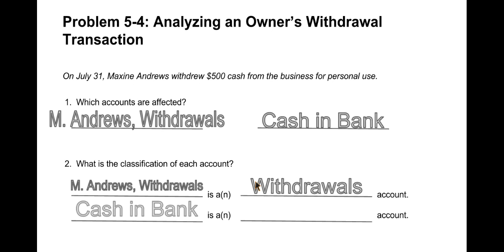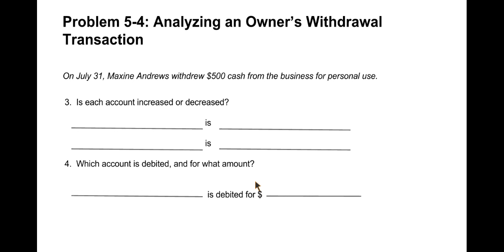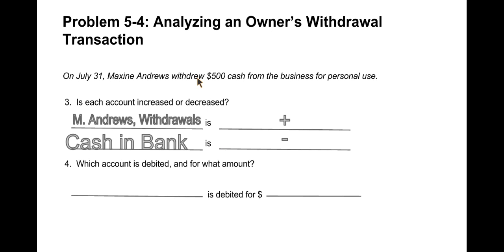Cash and bank is, again, an asset. So, increased or decreased? Again, this is just like expenses. The amount that the owner has withdrawn has increased. Maxine Andrews has now made $500 more worth of withdrawals, so withdrawals is increasing. However, the cash is coming from cash and bank, so cash and bank is decreasing.